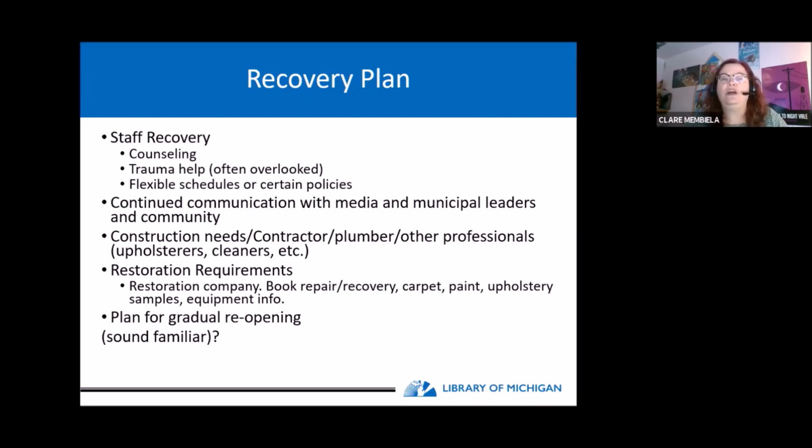So what about recovery? The recovery plan. Part of crisis management is having a plan for getting back to normal, right? And recovering as much as possible. So staff recovery is a big deal, and trauma is an even bigger deal. Trauma help.